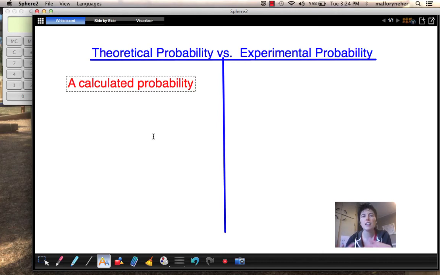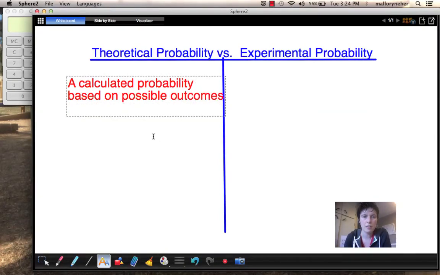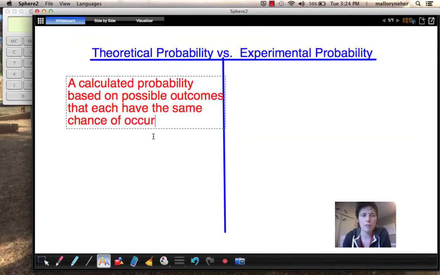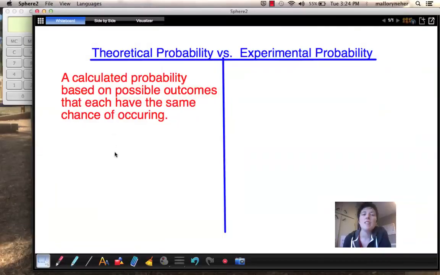I mathematically calculate and figure out a probability, based on possible outcomes that each have the same chance of occurring.